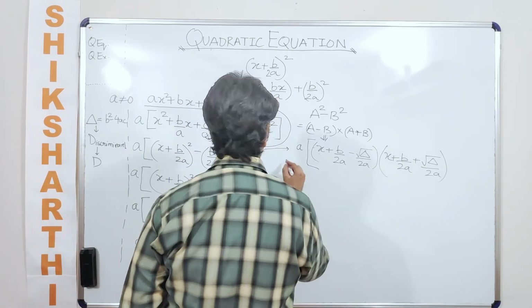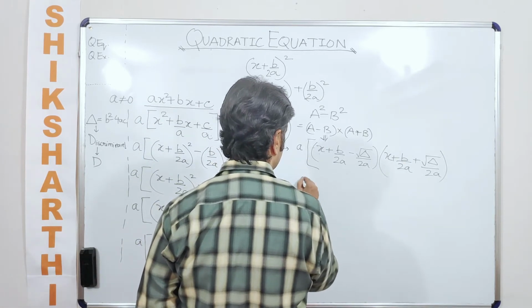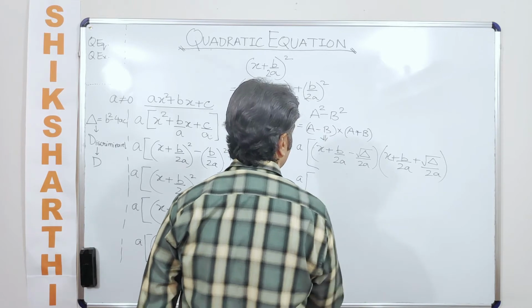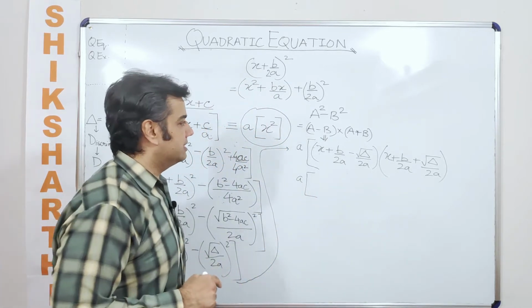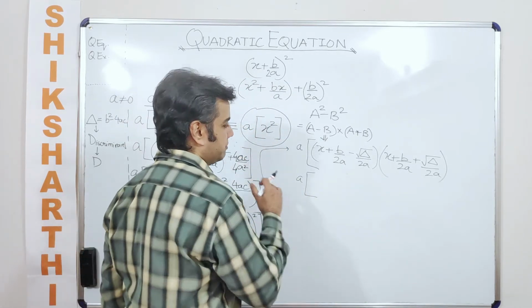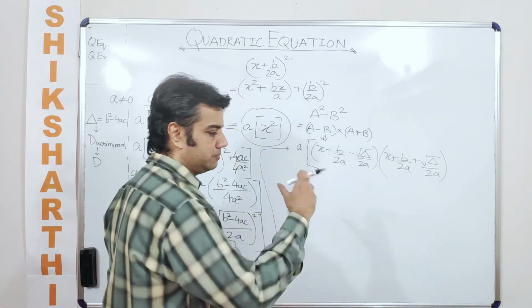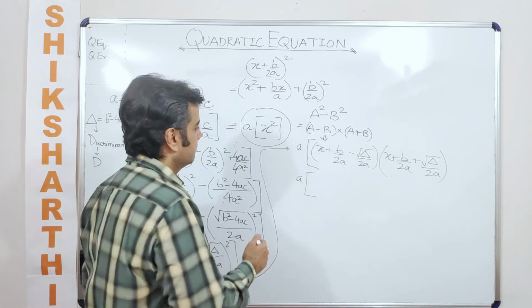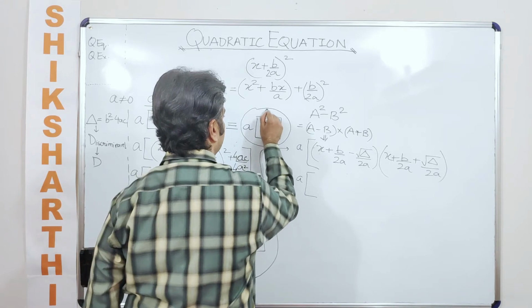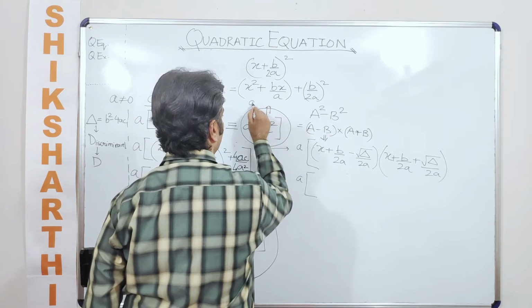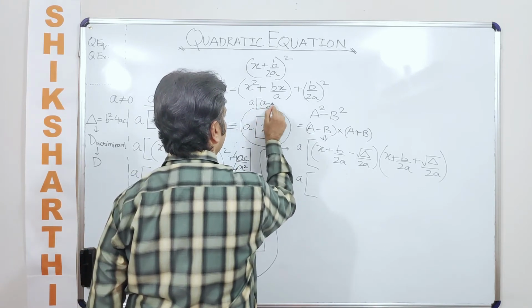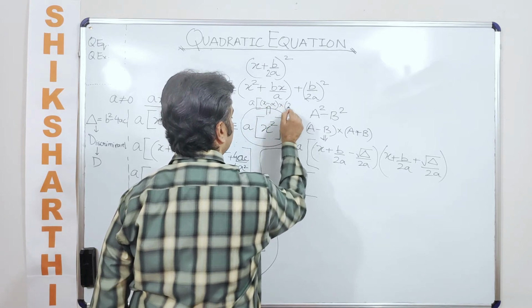Okay. So now further to this, can I say that this can be written as a times of, and we are converting this into now basically what? A times of x minus alpha into x minus beta. So this is how we started, but the basic objective is to convert this into a times of x minus alpha into x minus beta.